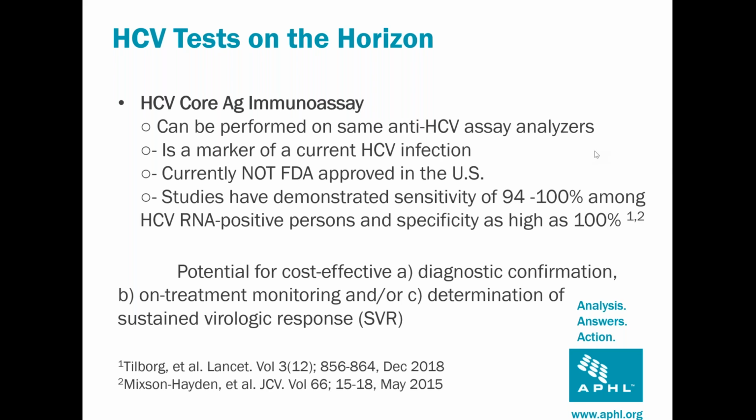The studies have demonstrated sensitivity in the 94 to 100% range among HCV RNA positive persons, and specificity among HCV RNA negative individuals as high as 100%. So clearly this assay has potential for a cost-effective path for confirmation, treatment monitoring, or SVR, determining sustained virological response.